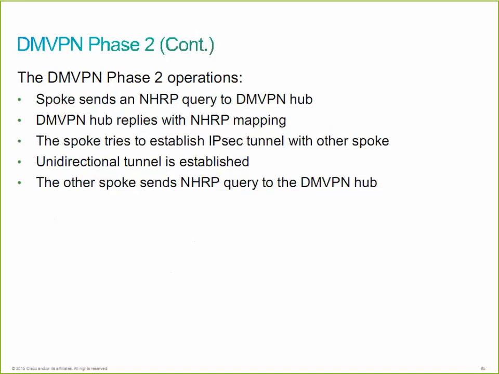Remember, this NHRP server has a mapping for all of the spokes because they all registered initially, and we stored those mappings during that initial registration of the spokes to the hub. So the NHRP server, the hub, is going to send a reply to the spoke routers with that correct mapping.